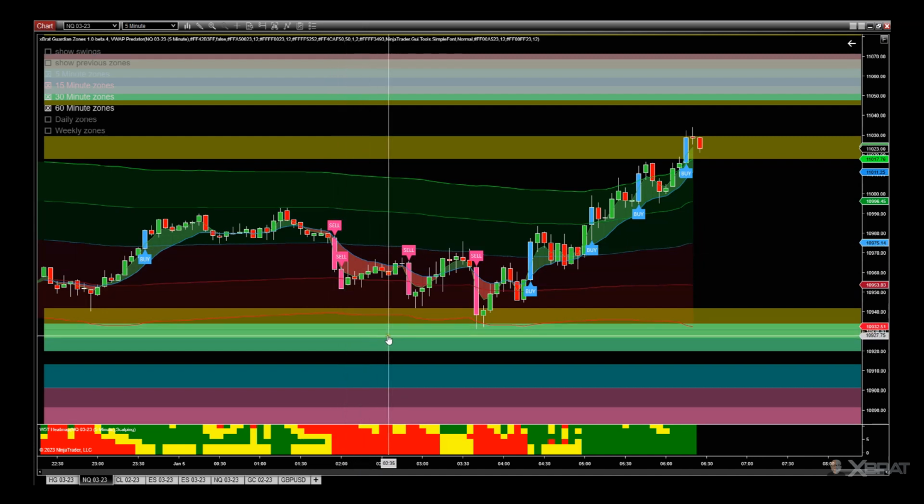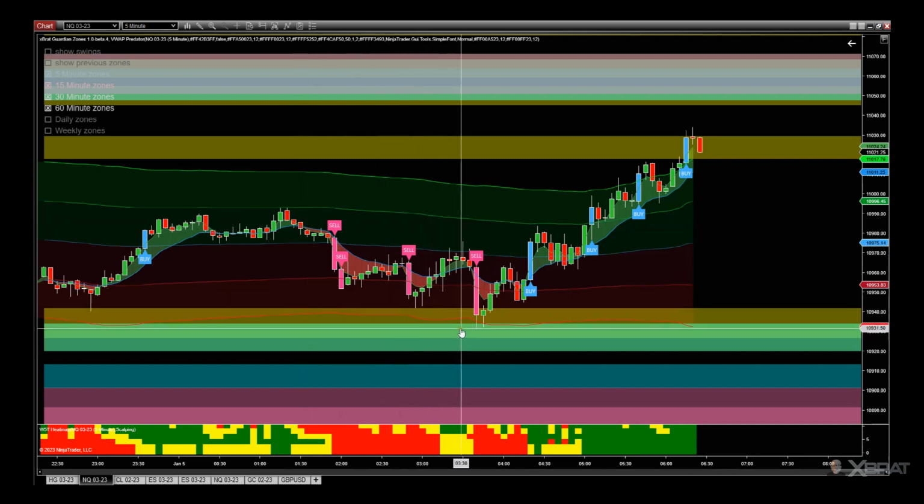But we add then the Guardian zones, which are totally automated support and resistance zones on multiple time frames, capturing decision points with institutional traders. So if they're making the same sell or buy decisions in a small percentage zone of price regularly, it will print those on those different time frames. If they start to ignore those decision points, the software will just remove them.